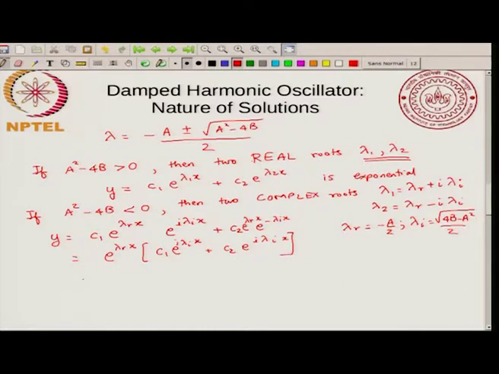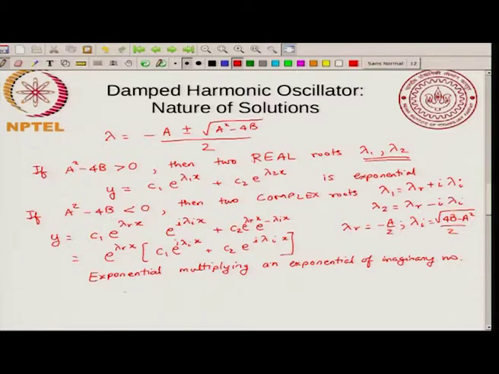So this is basically an exponential multiplying an exponential of an imaginary number. And you know that the exponential of an imaginary number can be written as a linear combination of sines and cosines.